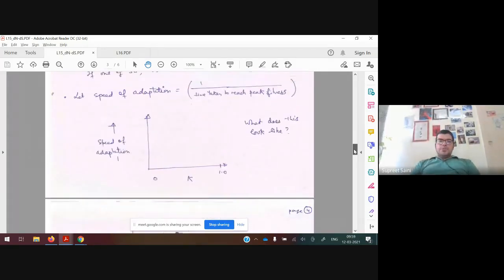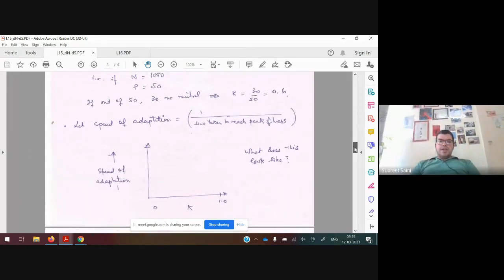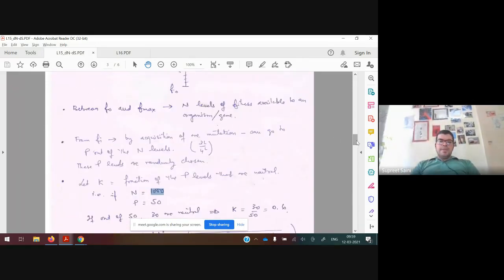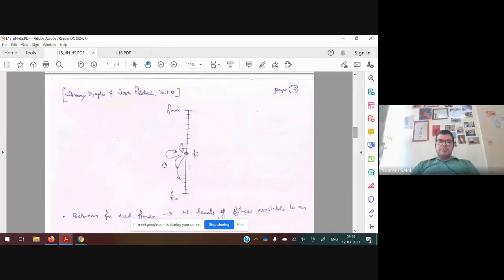So let me ask you this question now. Now we define, I'm sorry, there are many variables here, a variable called k. Basically, if the total number of fitness levels is 1000 and p is 50, what I mean by p is how many arrows go out of it.